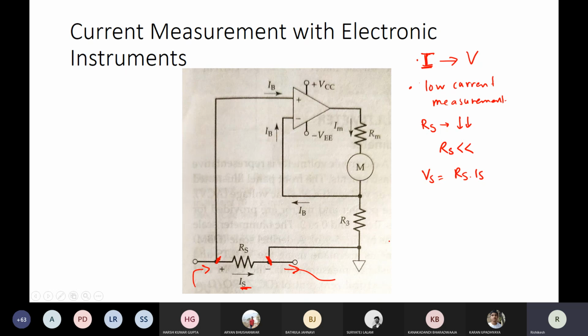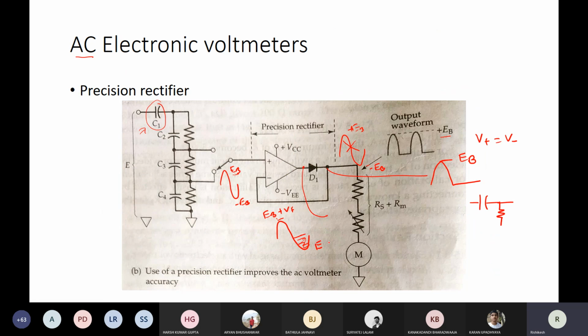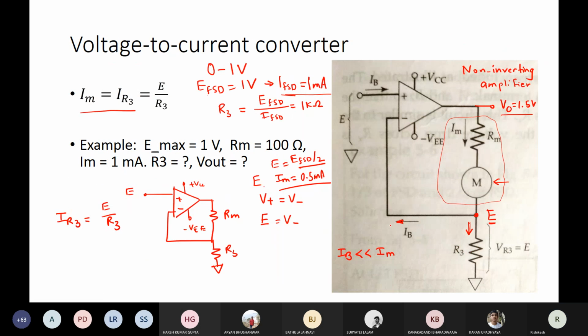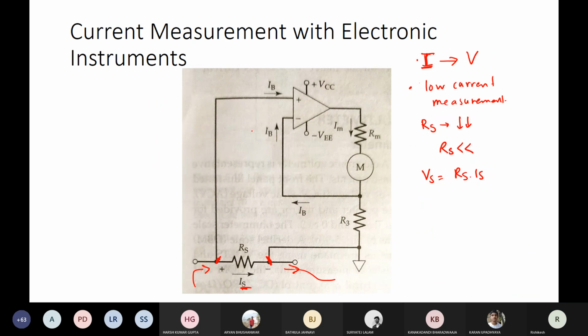Now we are discussing AC and DC quantities. The same arrangement is used here for current measurement, but current is now measured in terms of voltage.